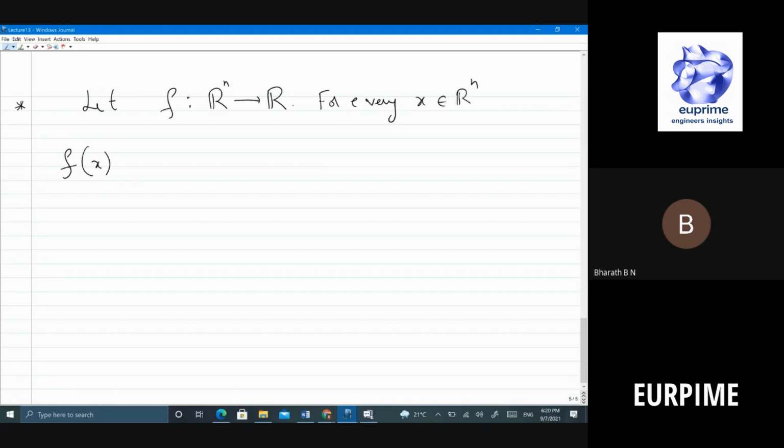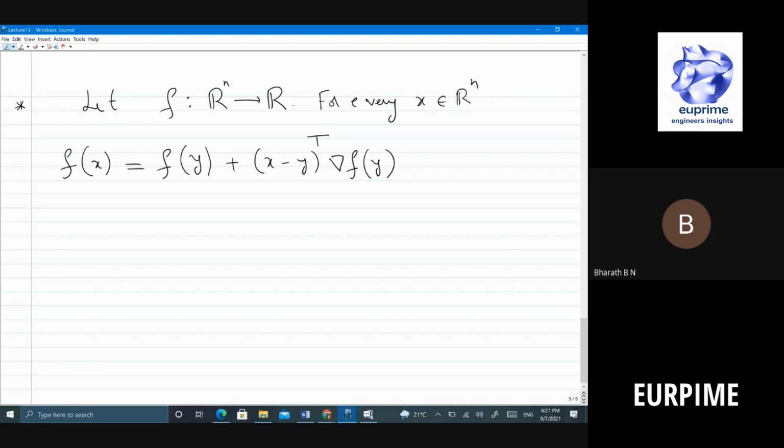Well, I should always refer to the domain of f, but let's assume that the domain itself is Rn. Then f of x is, of course, let me consider a point y instead of a. So f of y plus x minus y. Remember, this is a vector now, it's not a scalar. I have to take the transpose. All the vectors, I'm going to write as column vectors. So I take the transpose, and it is multiplied by the gradient of the function evaluated at y.